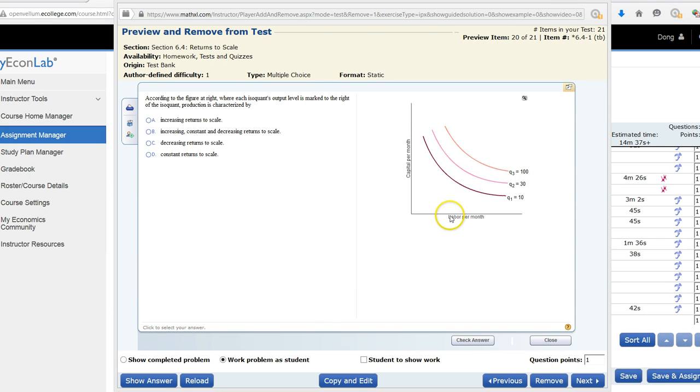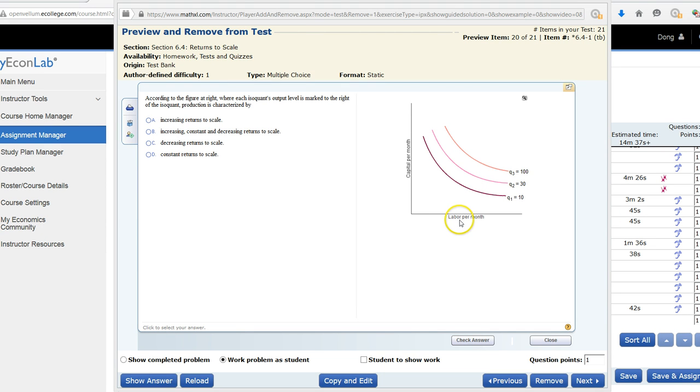This is a concept which refers to the long-term effect, so that means there's no fixed input like in the short run.